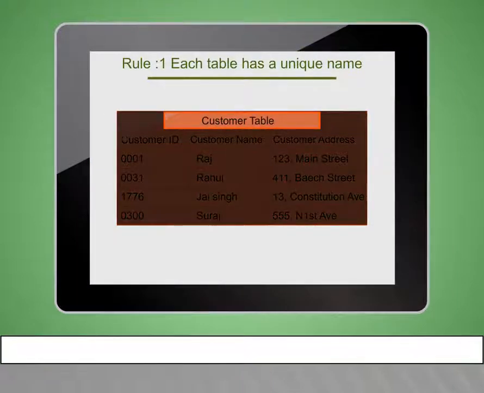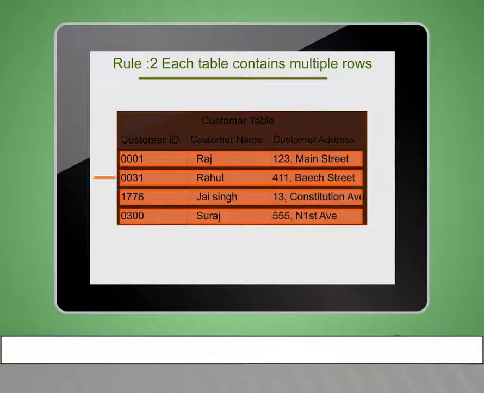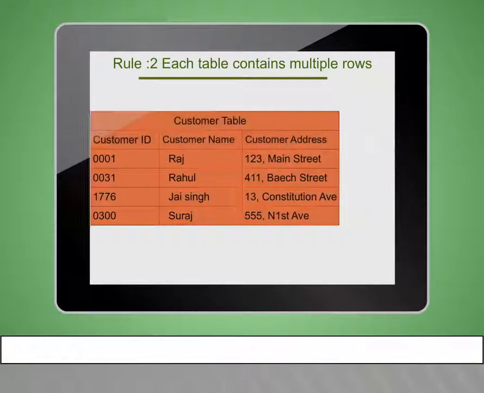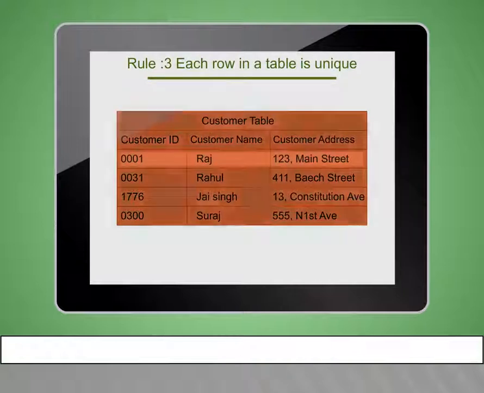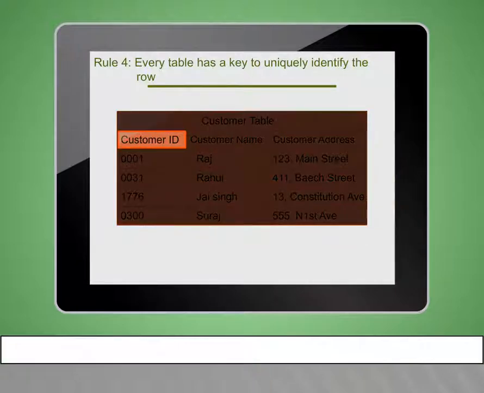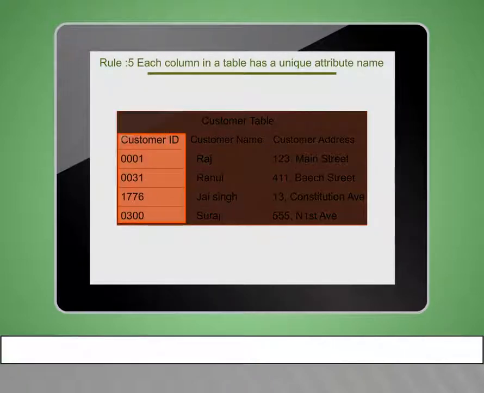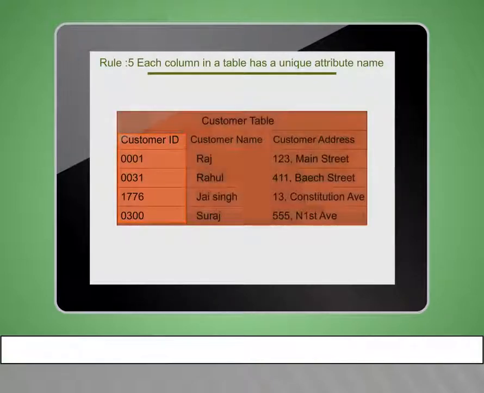Each table has a unique name. Rule 2. Each table contains multiple rows. Rule 3. Each row in a table is unique. Rule 4. Every table has a key to uniquely identify the row. Rule 5. Each column in a table has a unique attribute name.